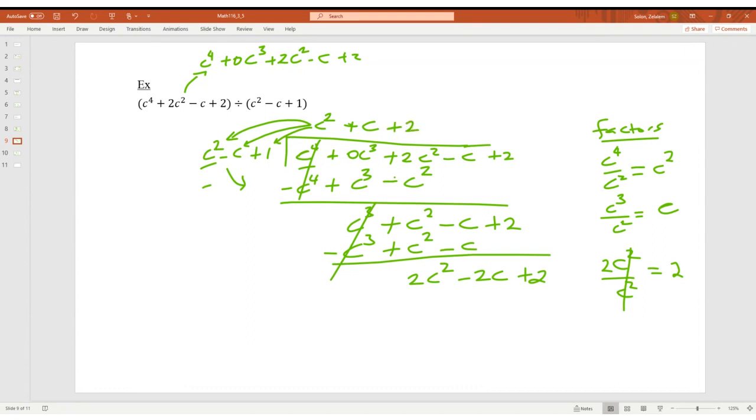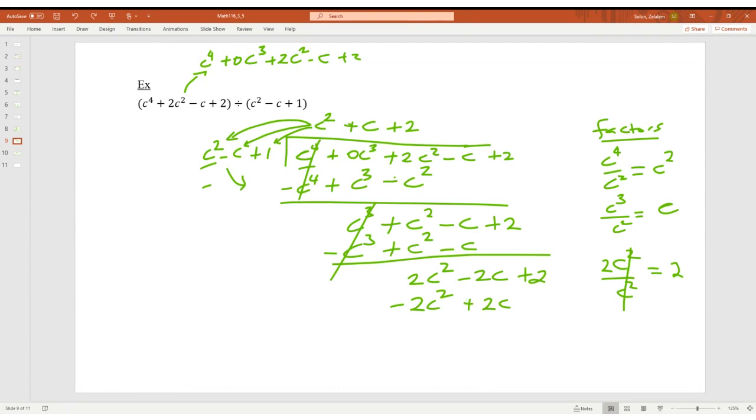2 times c squared is 2c squared, and we change it into minus. 2 times negative c is negative 2c, and we change it into plus. Don't forget that. So negative becomes positive. Technically, we are subtracting.